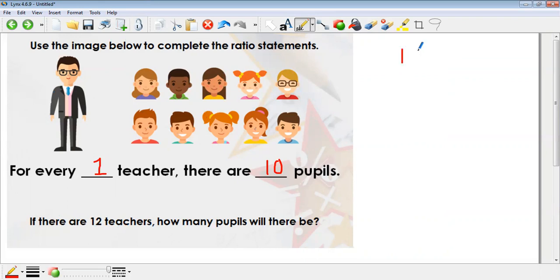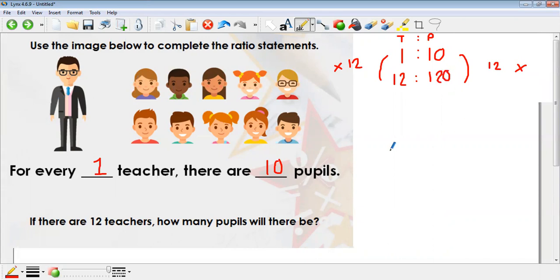You can do this like so. We know that there's teachers to pupils. 1 has become 12 by getting multiplied by 12, so we would have to times the amount of pupils by 12 to make sure that that ratio stays the same.